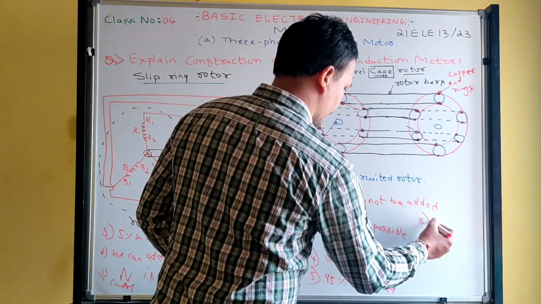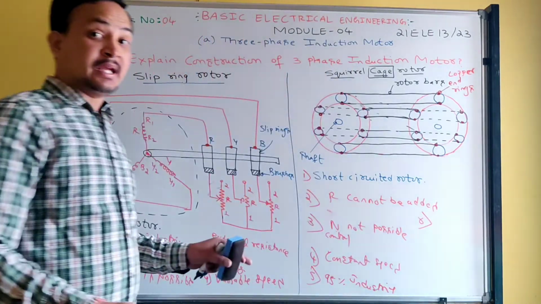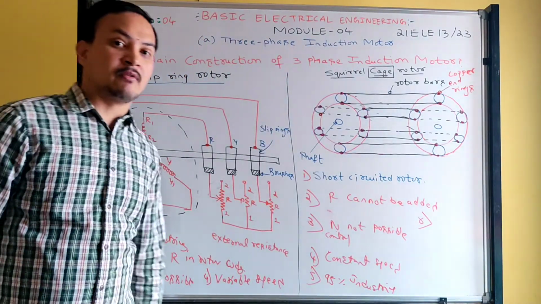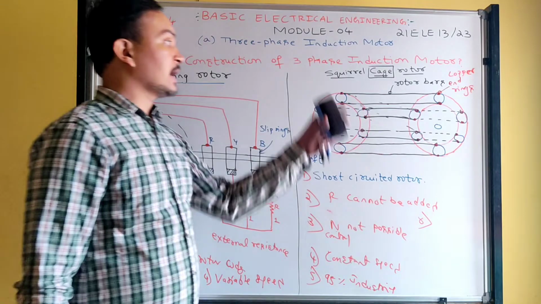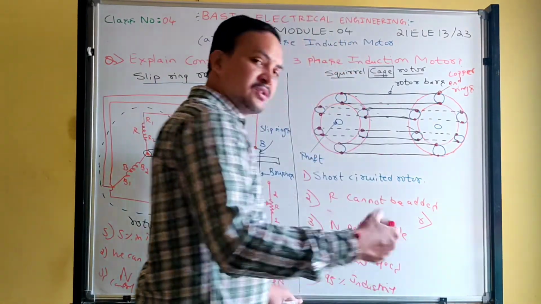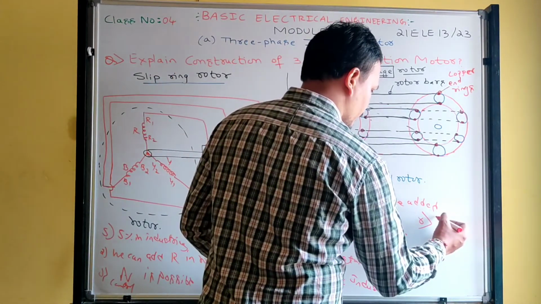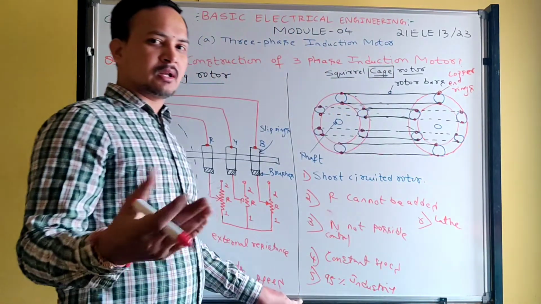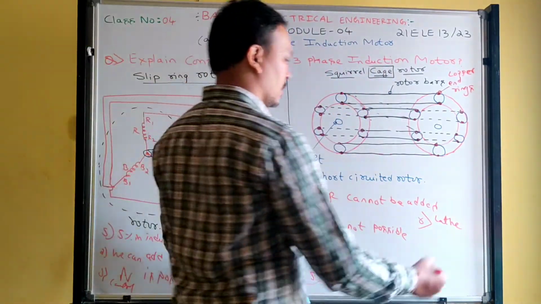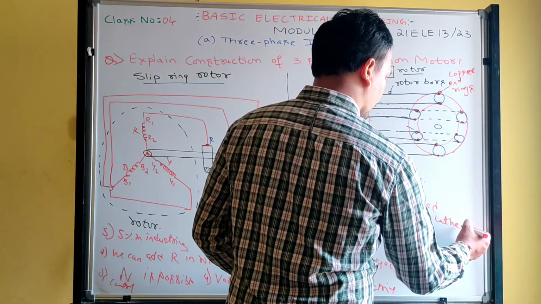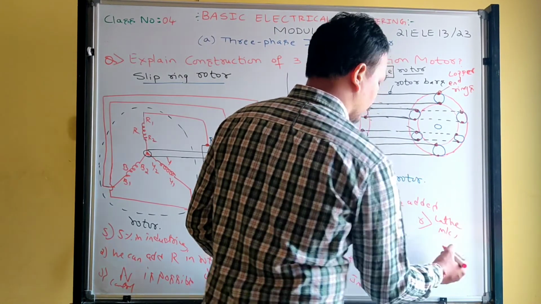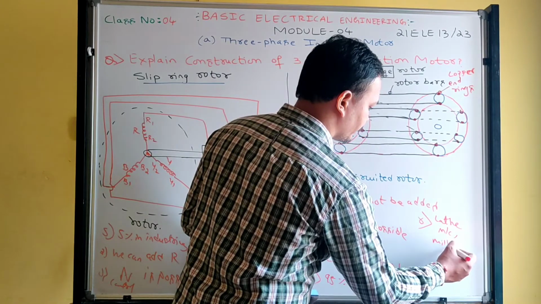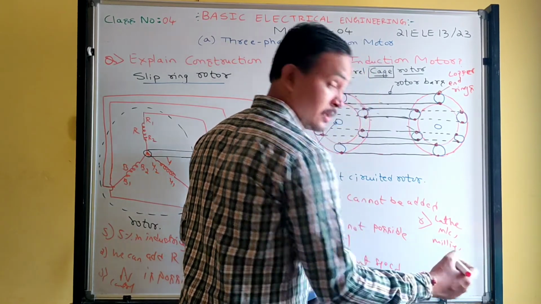So next number 6, applications where we can use this type of machine. A squirrel cage rotor is nothing but a squirrel cage induction motor. It is used in lathe machines, which run at constant speed. Then milling machines, like rice mill, ragi mill.